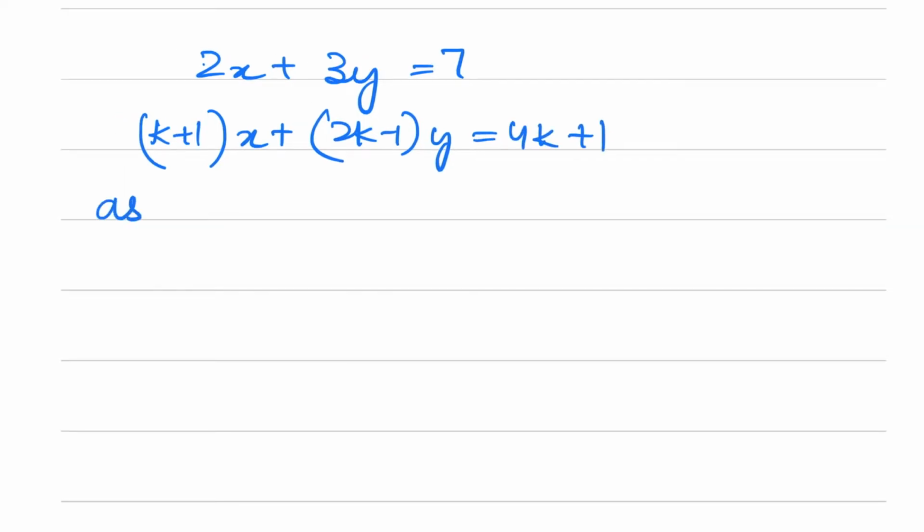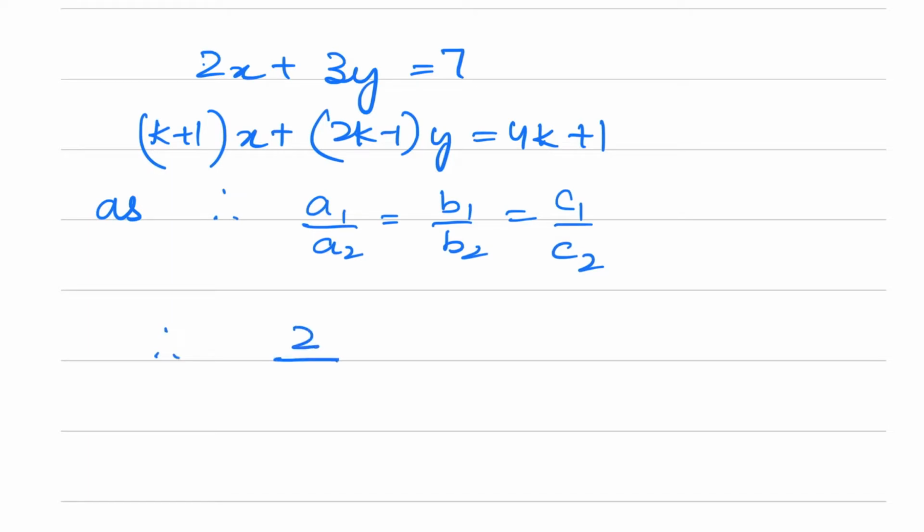As this pair of linear equations has infinitely many solutions, therefore a1 by a2 is equal to b1 by b2 is equal to c1 by c2. On substituting, we know a1 is 2 and a2 is k plus 1, so 2 by k plus 1 is equal to 3 by 2k minus 1 is equal to 7 by 4k plus 1.